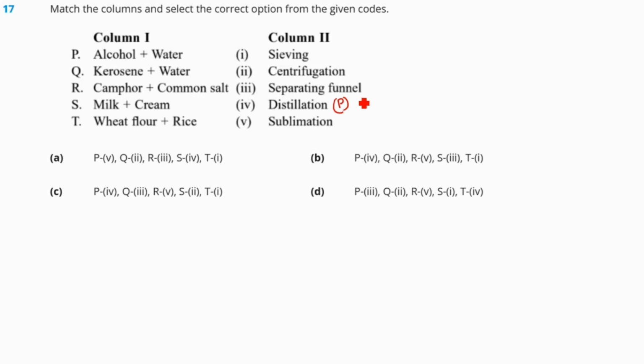This can be separated by the separating funnel. Camphor and common salt can be separated by sublimation. So this is R. Milk and cream can be separated by centrifugation. Wheat flour and rice can be separated by sieving. So this is D. Our correct answer is option number C.